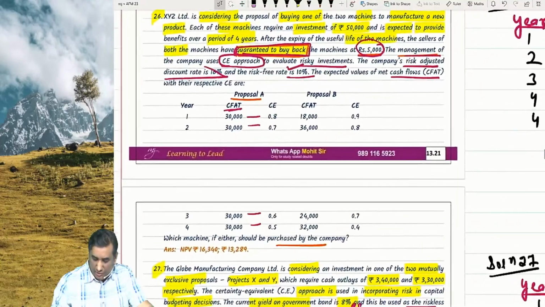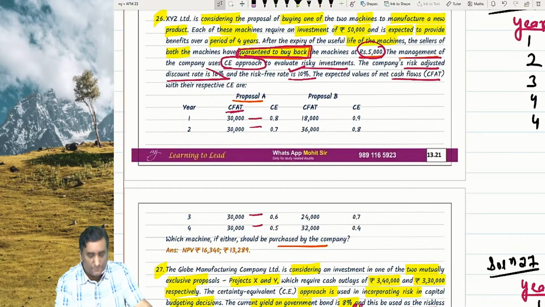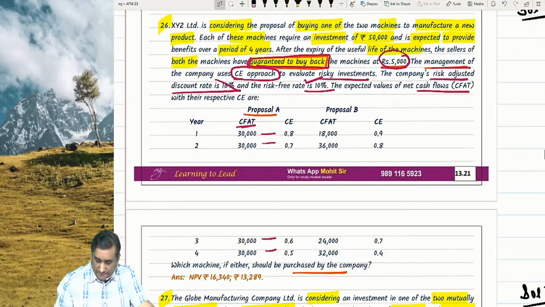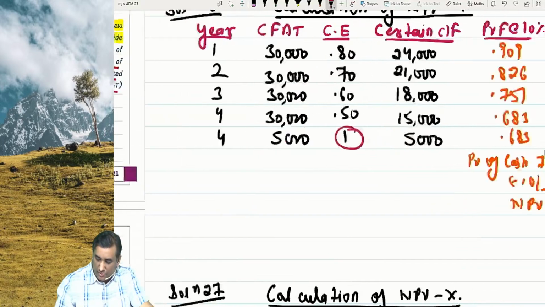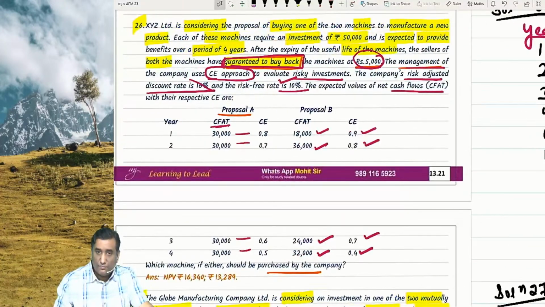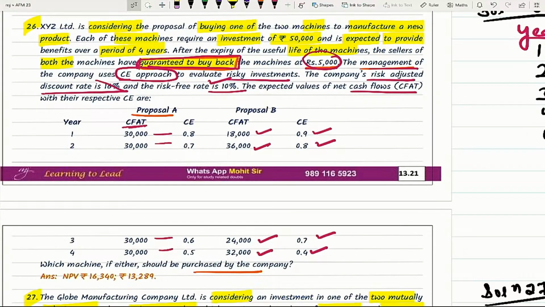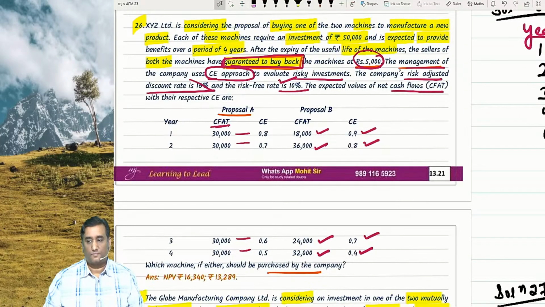Once you've done the first part, the second you can always try. 18,000 into 0.9, 36 into 0.8, 24 into 0.7, 32 into 0.4, and then accordingly 5,000, and discounting factors 0.9, same factors you have. Multiply and get the answer. Done.